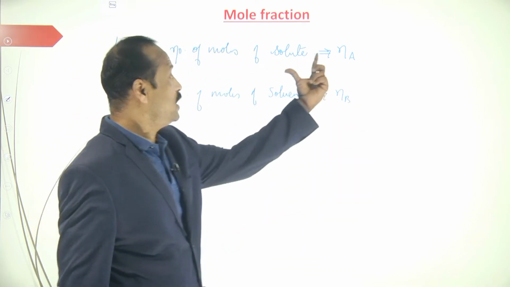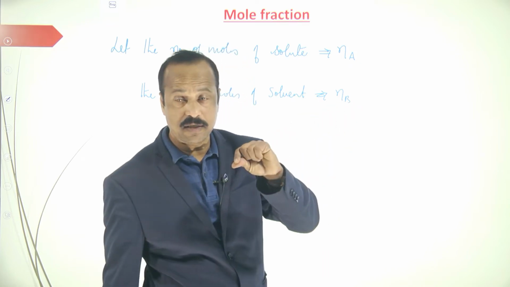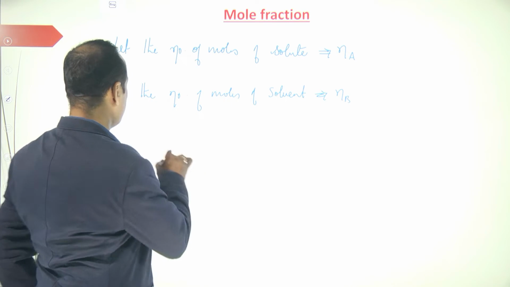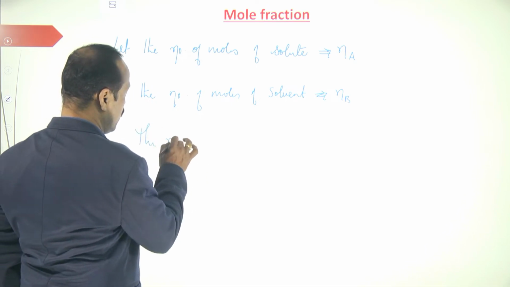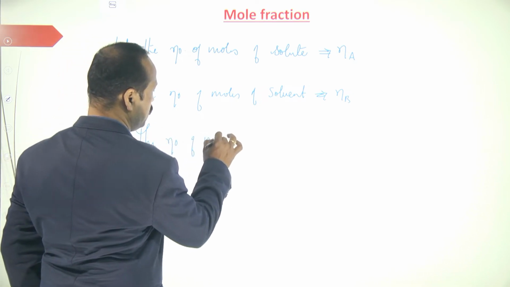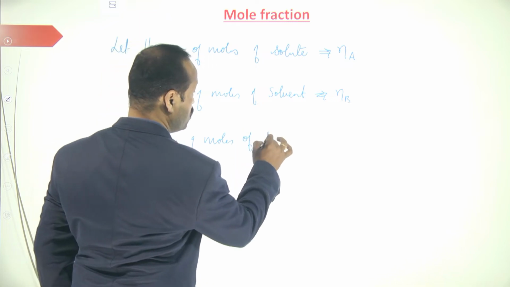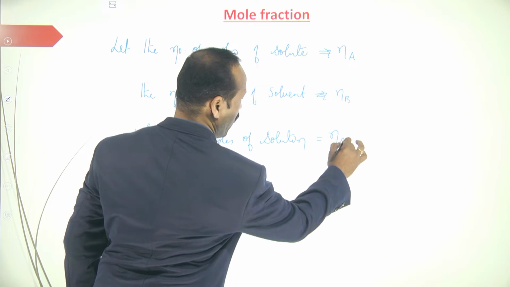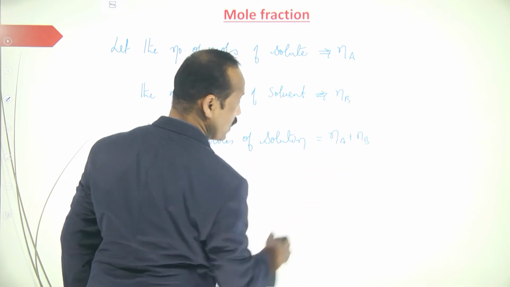Now solute and solvent, if they mix together, that becomes a solution, right? So the number of moles of solution is equal to Na plus Nb, right?